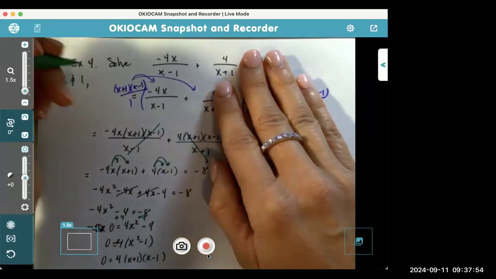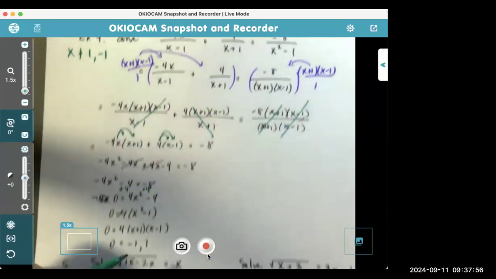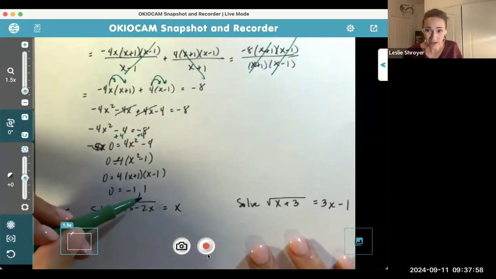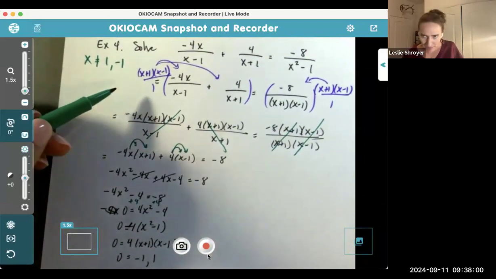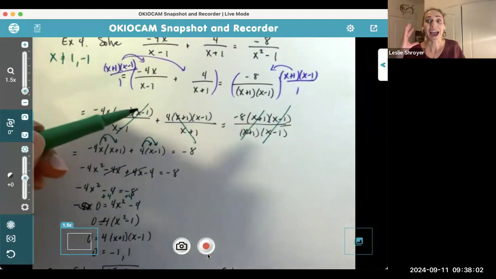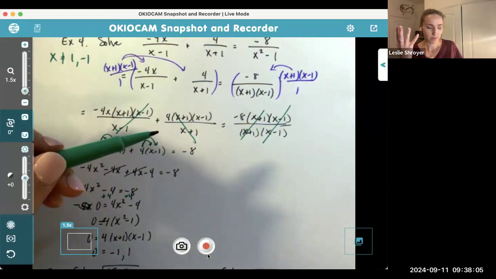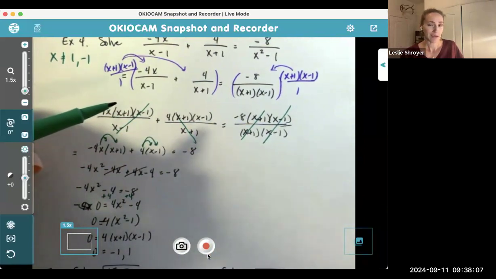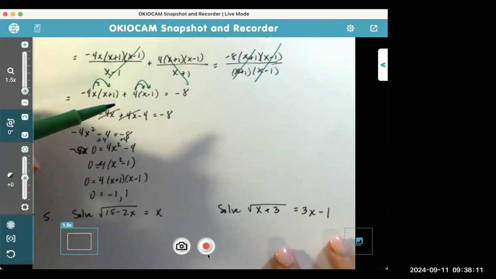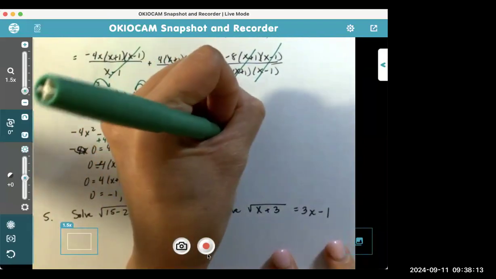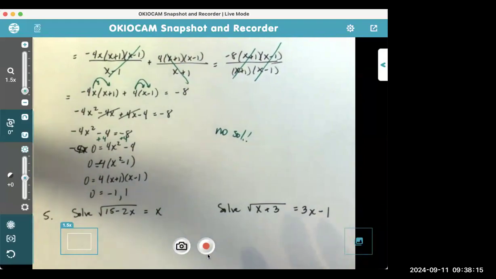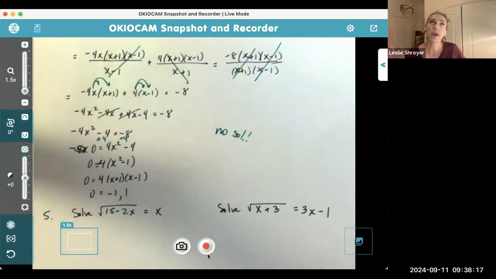Negative 1. Yeah. So if I have negative 1 and 1 as our answers, but those are the 2 numbers that can't be our answers, what is the actual answer? Or lack of answer? No solution? Exactly. Y'all might be annoyed, like, oh my gosh, I did all of that to figure out there's no solution. Yes, you did. Sometimes that's just the way it works out.